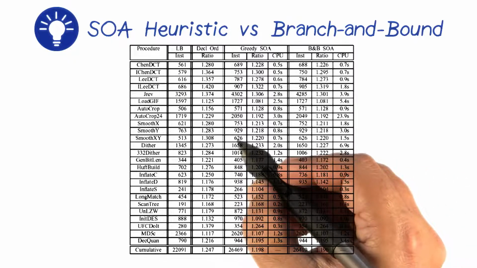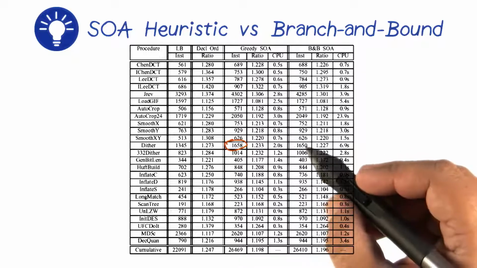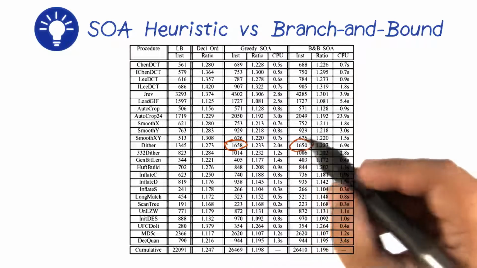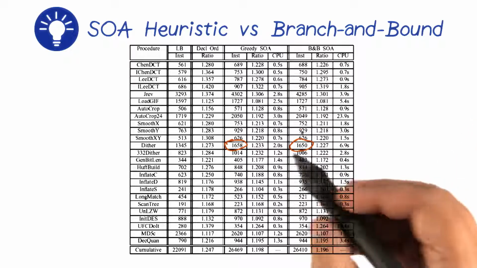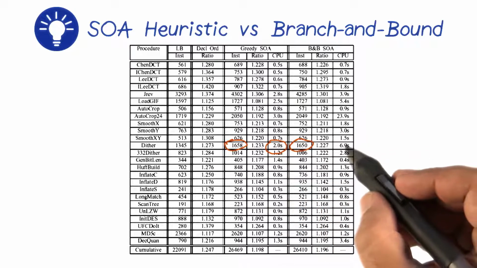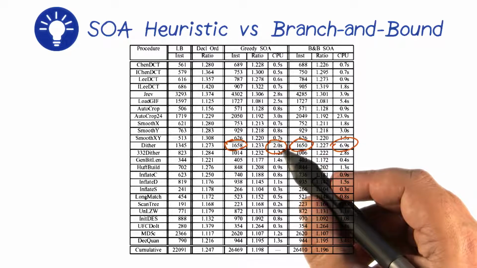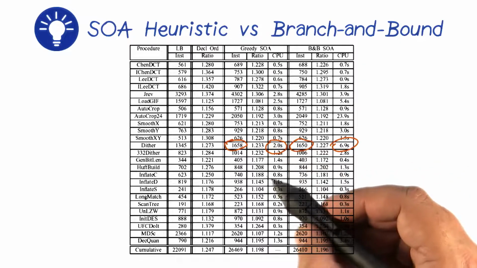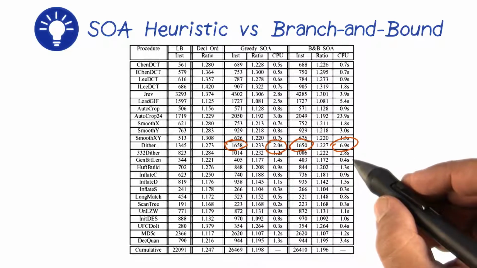For example, if you look at this particular dither benchmark, the greedy solution generates 1658 instructions, whereas the branch and bound generates a slightly better solution. You can also see that the time it takes to generate the solution also differs substantially. The branch and bound takes almost 7 seconds, and the greedy one takes only 2 seconds. So the greedy is a fast heuristic, whereas branch and bound is a more sophisticated but slower heuristic.